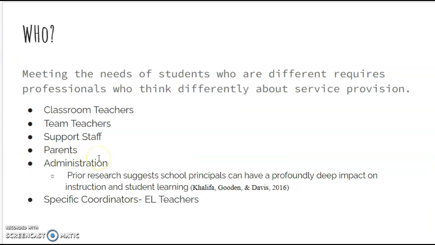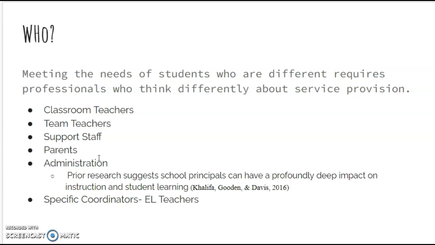So who's all involved in trying to create this atmosphere that allows all students to thrive? Well, looking at who is involved, meeting the needs of those students who are different requires professionals to think differently about service provision. So it really takes a whole lot of different resources and individuals to look at how the student can best be supported.